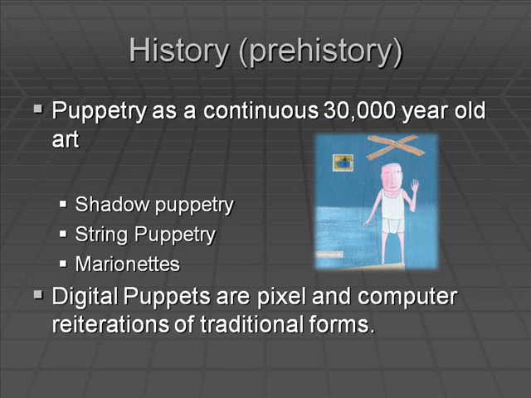Marionettes not only use string but also controlling devices. Digital puppetry is the pixel and the computer and the reiteration of traditional forms. So it takes a lot from the past as far as physical object puppetry.